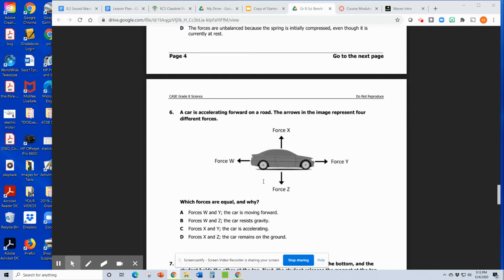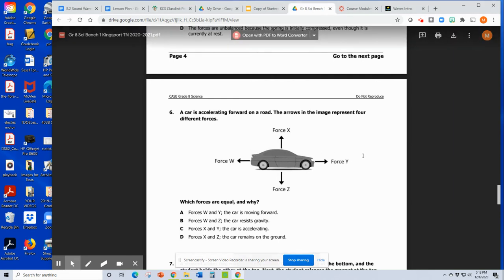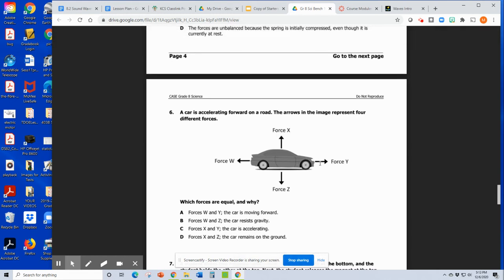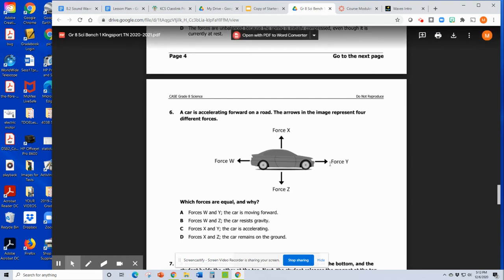They have to be unbalanced. And so I assume that it's going this direction, speeding up to the right. Then I know that force Y must be bigger than force W so that the car accelerates. I'm going to have it accelerating to the right, not backing up.